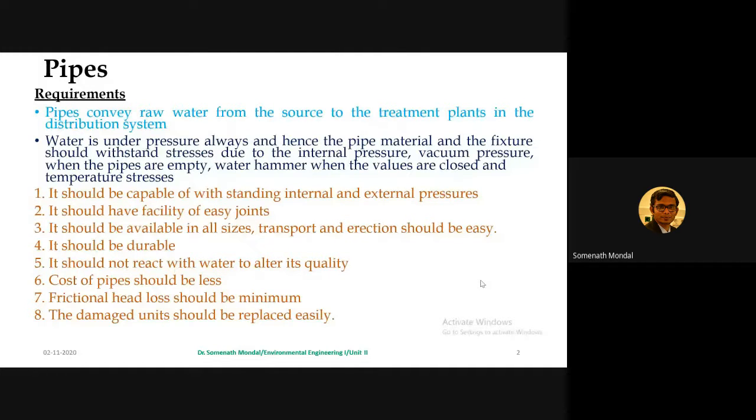Depending upon the amount of water and the number of users, you can sometimes reduce the size. So the pipe material should be available in all the different sizes which you are planning for, and for transporting as well as for erection of the pipes.